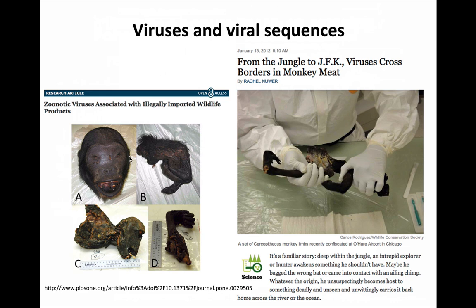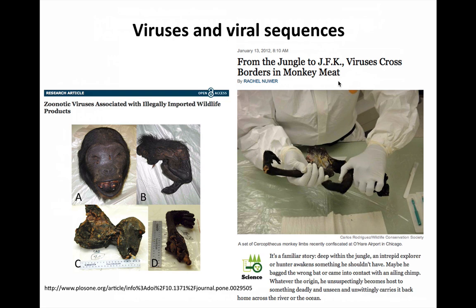And what they did with these imported wildlife products is they used PCR and deep sequencing and found viral sequences, but they didn't find virus. So to say viruses are associated with these products, both in the journal article and in the Times, isn't really quite correct. The correct thing to say would be viral sequences or viral genomes are found.